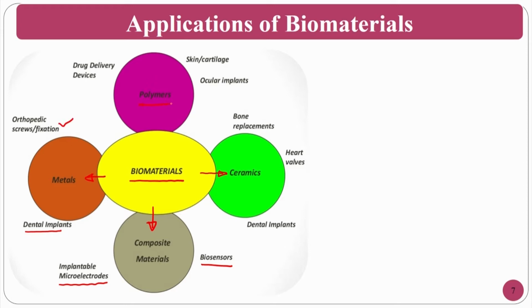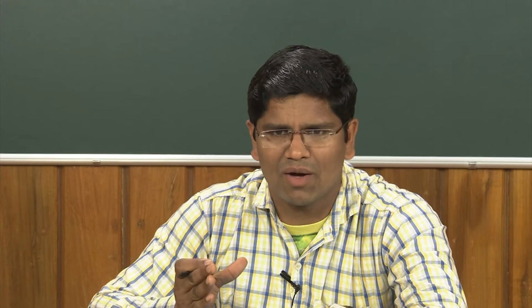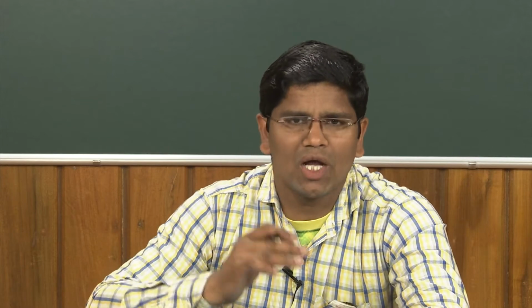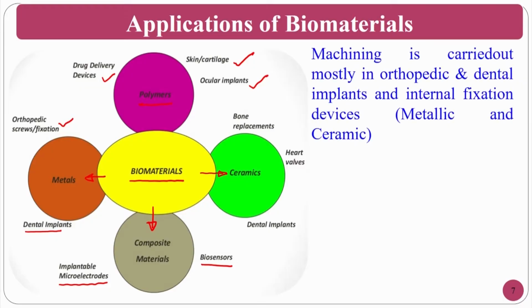With polymers, you have drug delivery devices, skin or cartilage and vascular implants and all those things. These are some of the applications of biomaterials in different forms, ranging from polymers to ceramics.